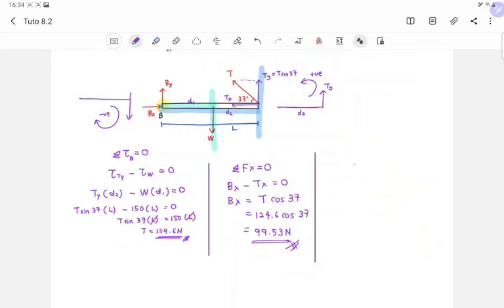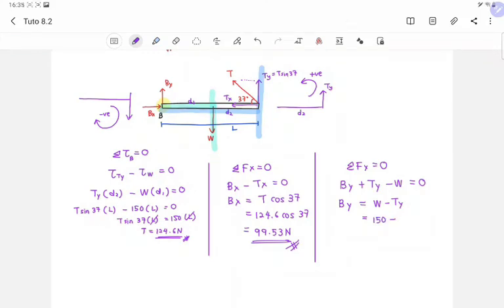Okay, then the summation of Fy equals to 0. So all the forces along y, we have By going up positive plus Ty going up minus W equals to 0. Okay, so we need to find By. By is equal to W minus Ty, equals 150 minus Ty.